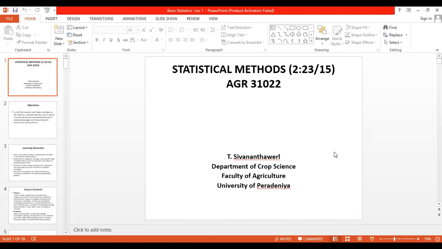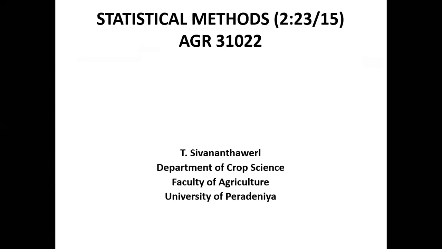Right, we will go to the course statistical methods, which is a 2-unit course. The lecture hours are 23 hours of theory and 15 hours of practical. Don't expect to have 23 hours via Zoom. We may have some in-class lectures as well.